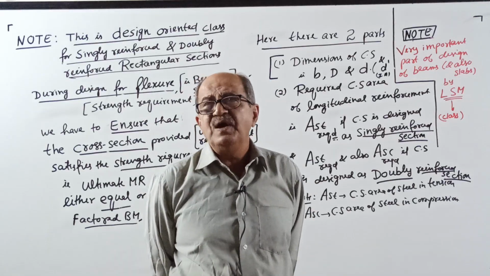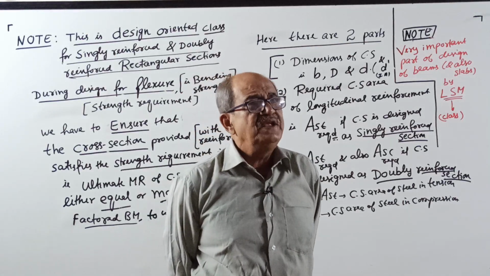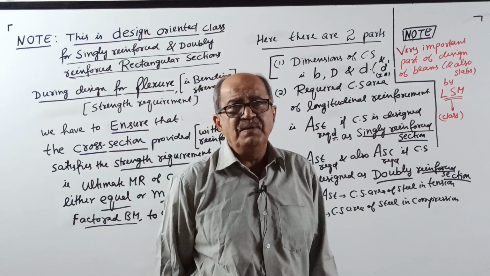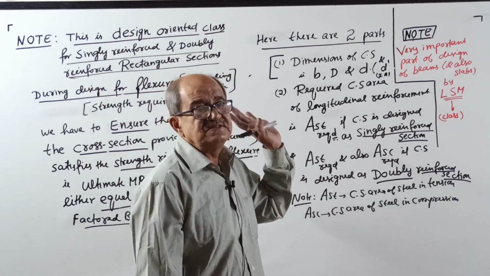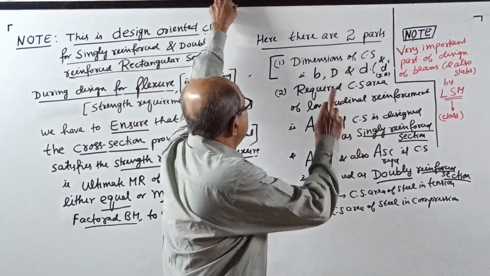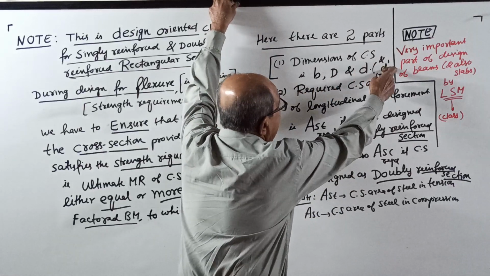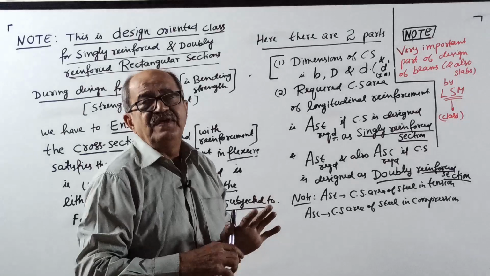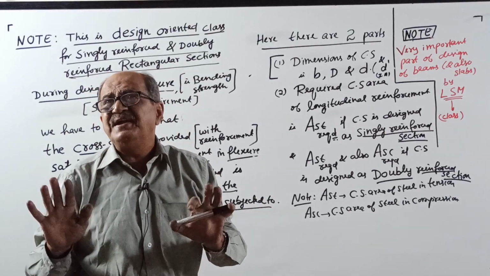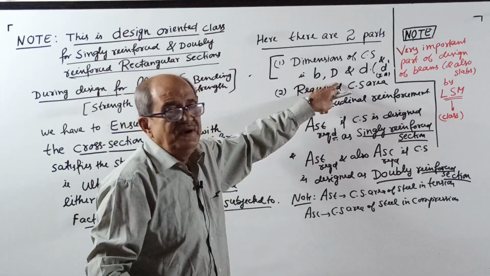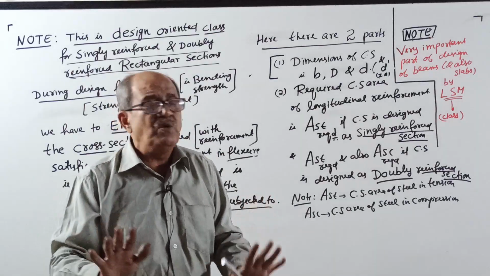That is AST required for singly reinforced, or AST and ASC required for doubly reinforced rectangular sections. For that, B, D, capital D, small d, and D dash will be given for you in the class. But during design, you have to fix it. Anyway, a little later, when I give steps, you can make out.